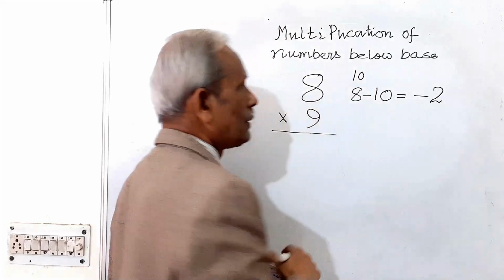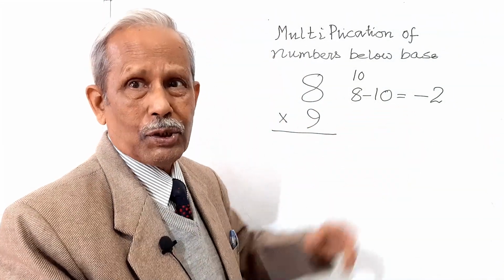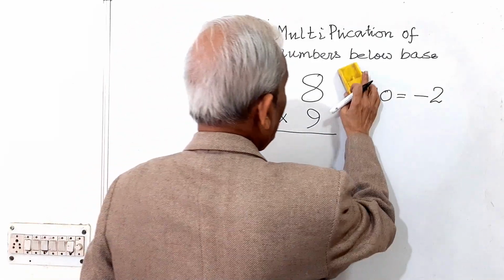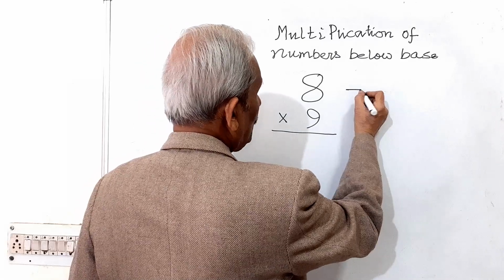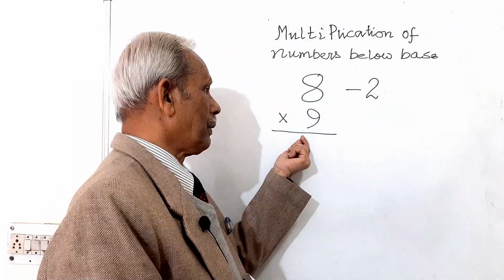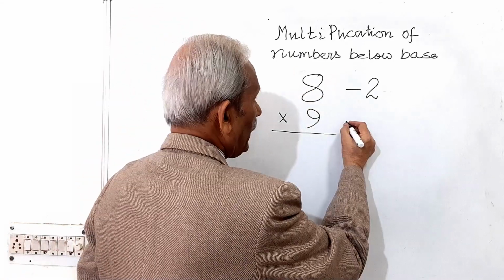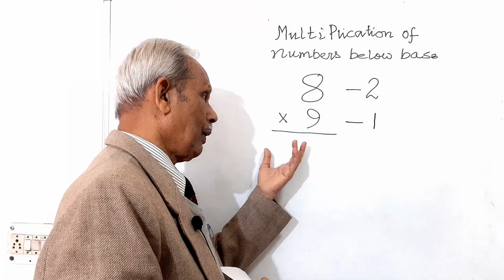So minus 2 is the difference, remember it. Now we are going to write this difference of minus 2 here. Similarly, the difference of number 9 from the base 10 is minus 1. Right? Now we are in a position to do our multiplication.